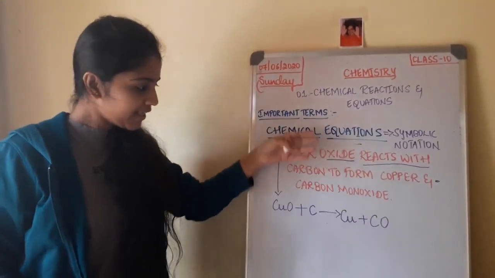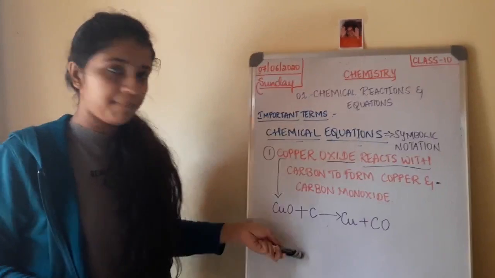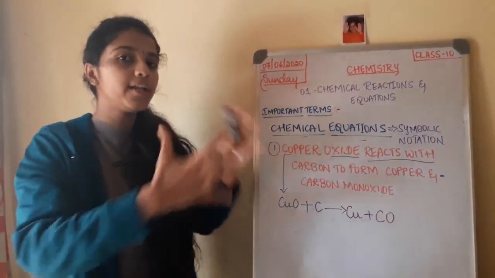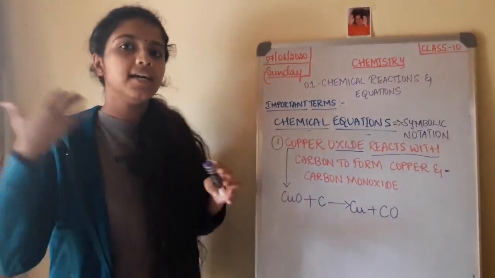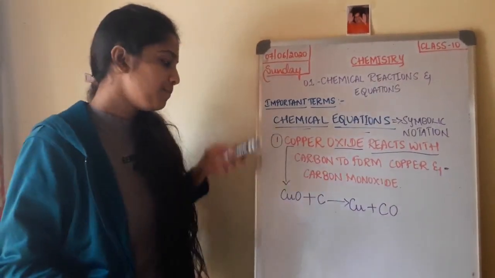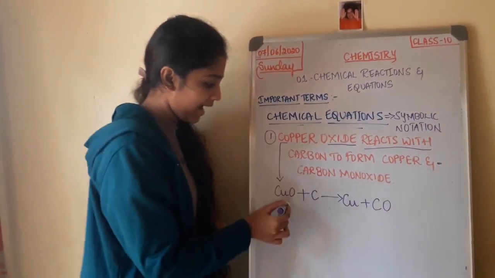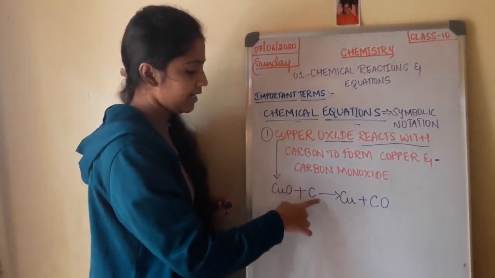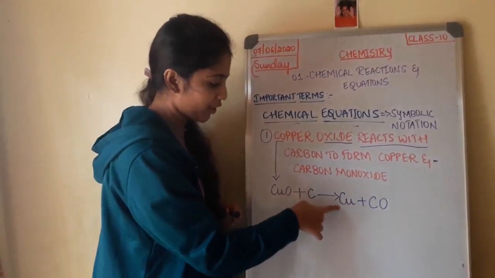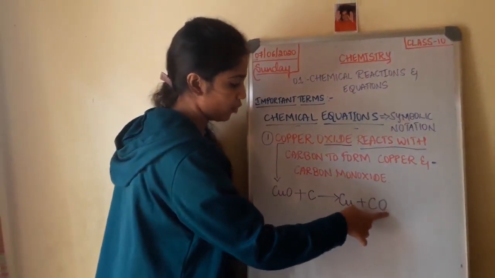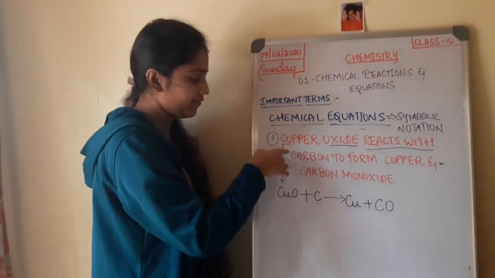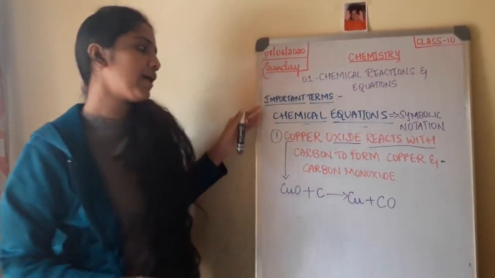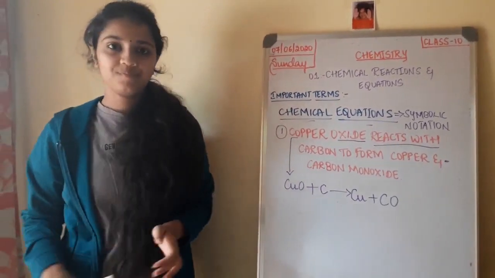But look at the way it is simplified over here, right? You cannot write it in full every time two things react with each other. So, formulas of compounds and symbols of elements are used, so that copper oxide reacts with carbon to give copper and carbon monoxide. The same thing is explained here, but this simplifies the task, and this is why we use chemical equations.